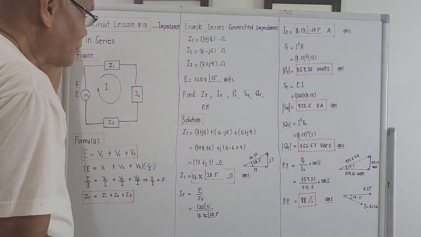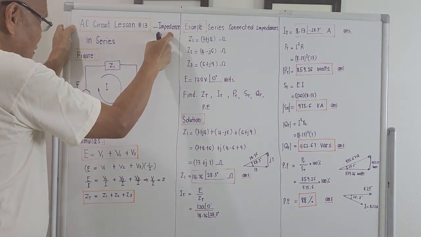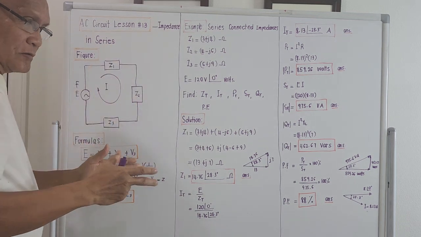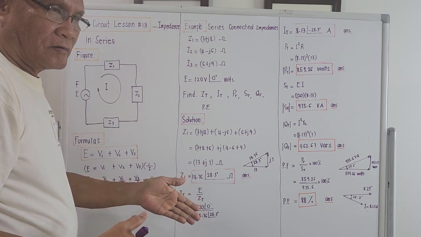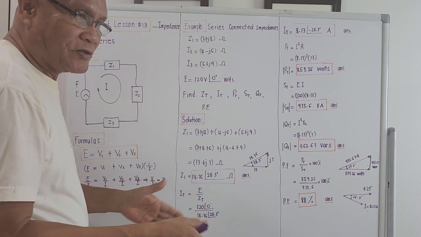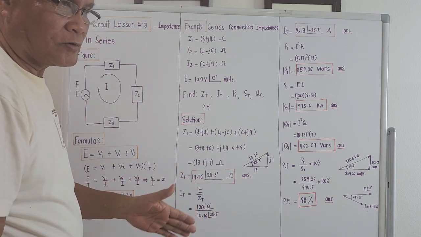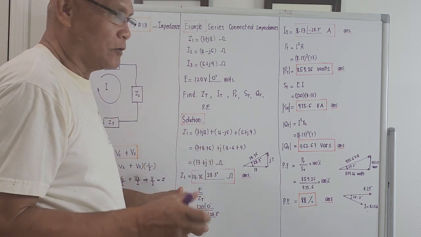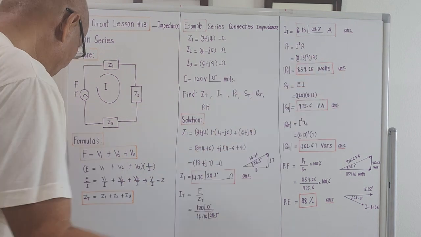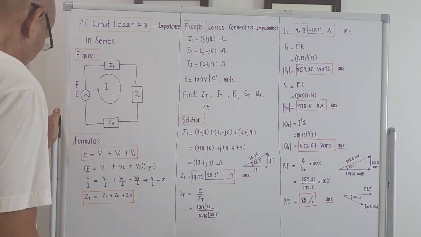The title of the topic is actually impedance in series, or it seems it's a series circuit. The ones in series are the impedances, the total opposition offered to the flow of alternating current. Okay, let's try to bring out the figure.